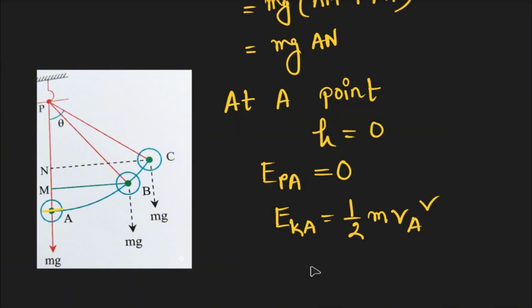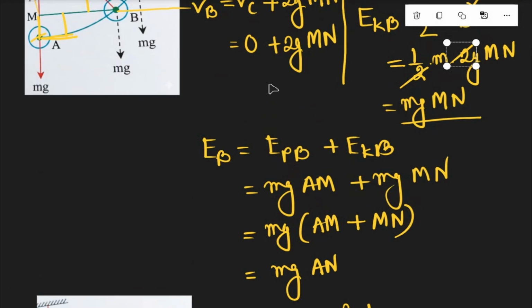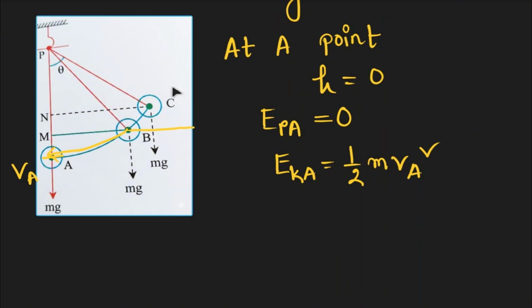When it is traveling from B to A, at point A the velocity is VA, and the initial velocity coming from B is VB, and we have already evaluated VB square, which is equal to 2g MN.